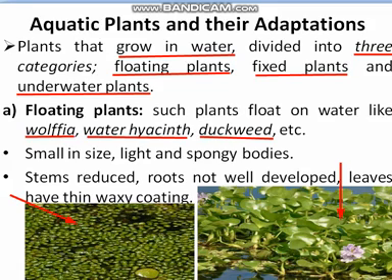That's why these floating plants are small in size, as you can see in the picture, and their weight is very light so that they can float.